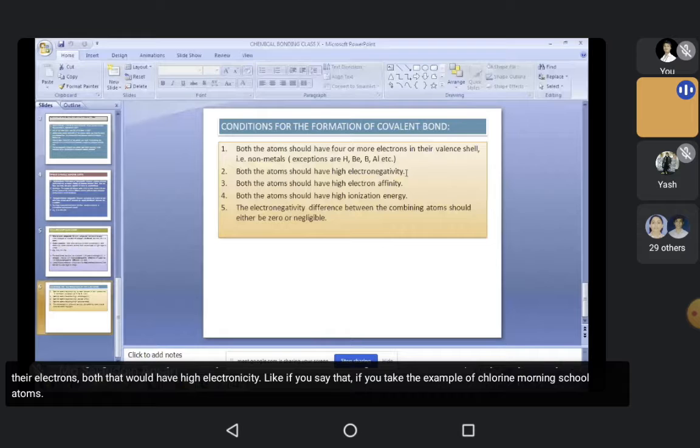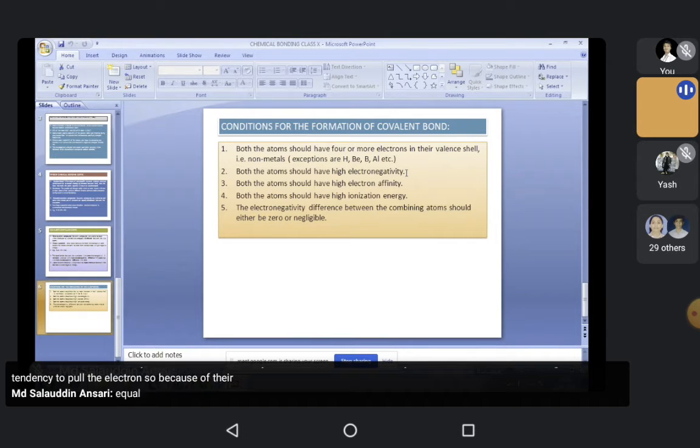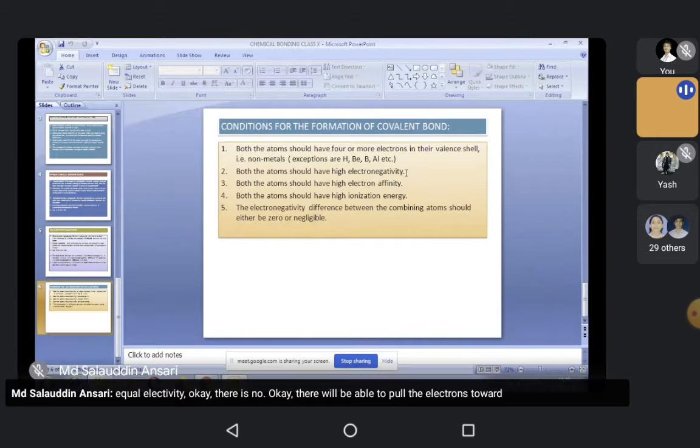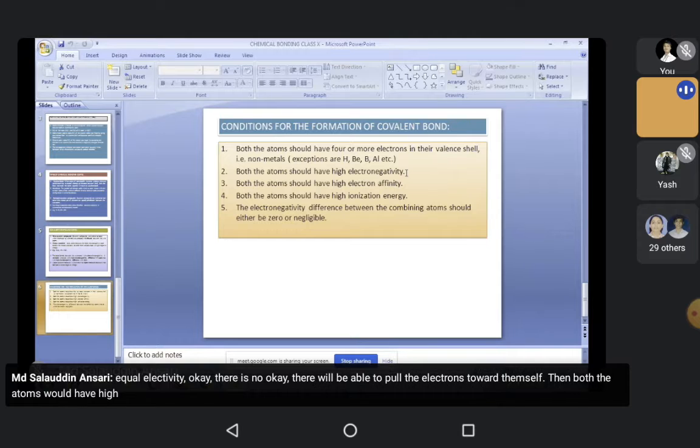Chlorine molecule is formed by the sharing of one valence electron between two chlorine atoms, right? Both chlorine atoms are highly electronegative. Both have the same tendency to pull the electron. Because of their equal electronegativity, they won't be able to pull the electrons toward themselves.